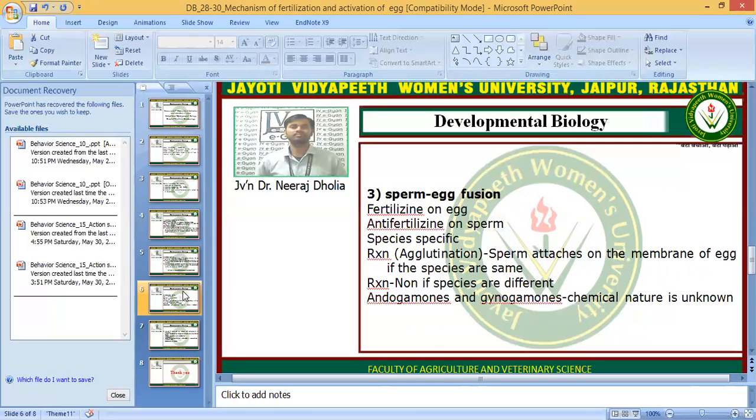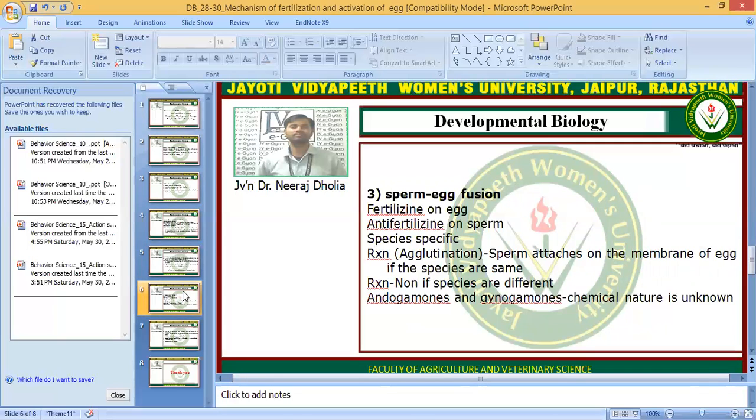The sperm attaches on the membrane of the egg, and if the species are the same, the reaction will occur. That is the agglutination reaction. If the species are not the same, the sperm and egg will not fuse. So the reaction will not occur.